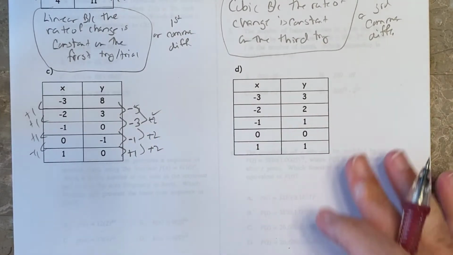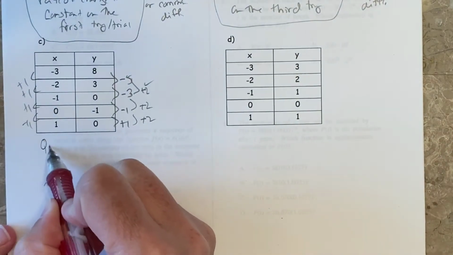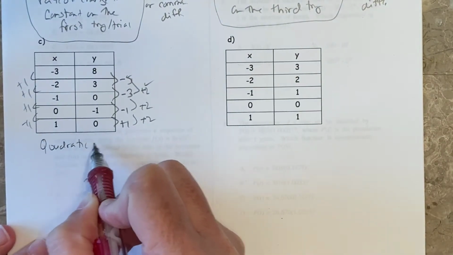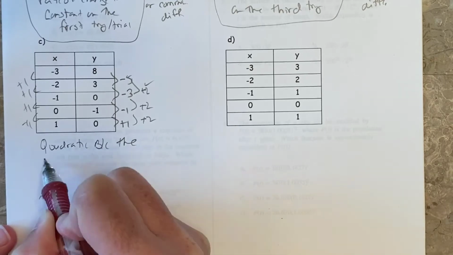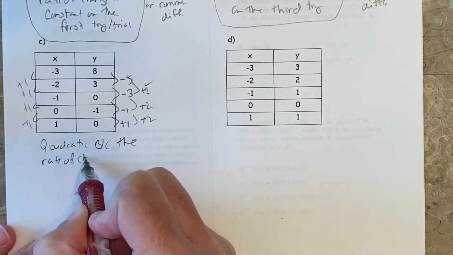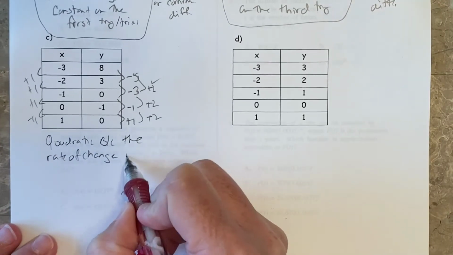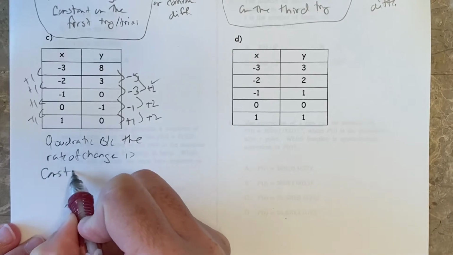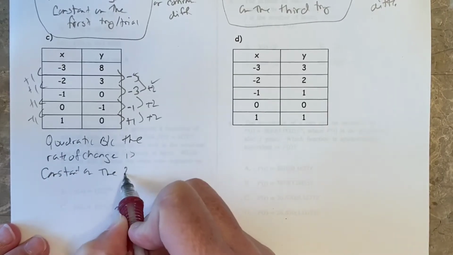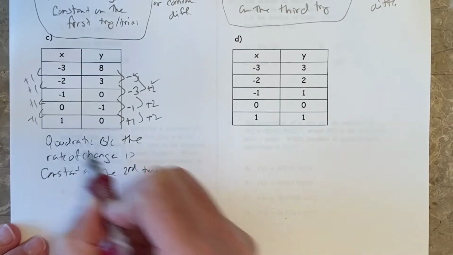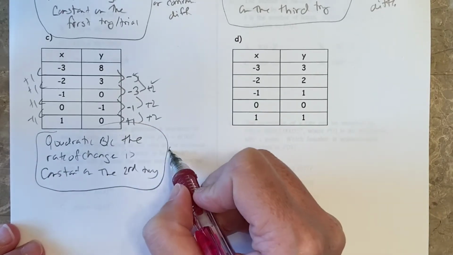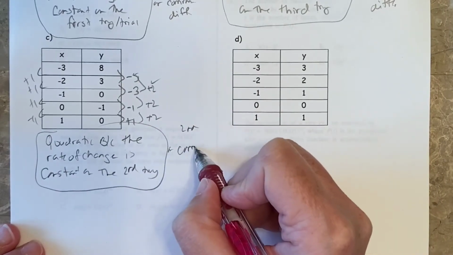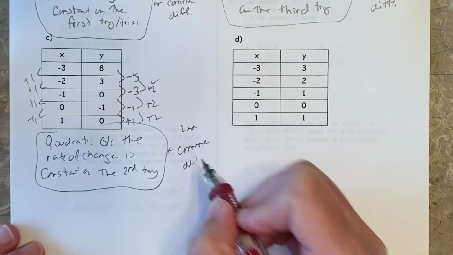All right, so second common difference, 2, is quadratic, and so this is quadratic. So quadratic, because the rate of change is constant on the second try. Okay, again, we can write second common difference.